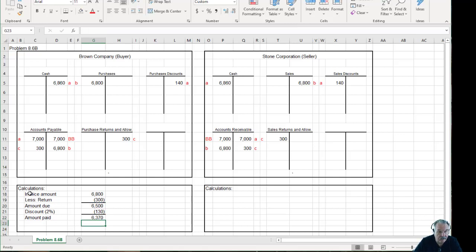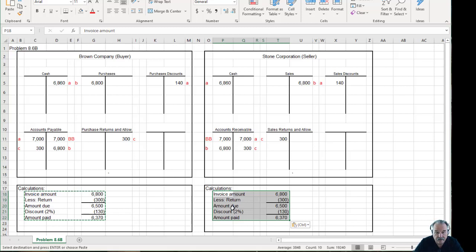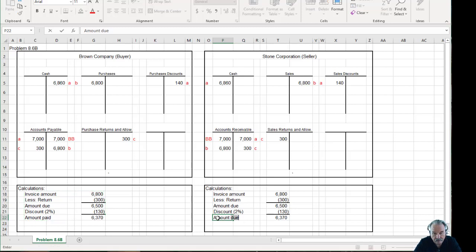And I'll just go ahead and copy this, Control C to copy, Control V to paste, and change it to be amount received. Now we can record the transaction.